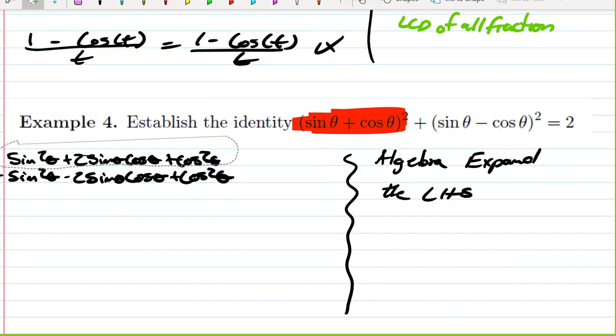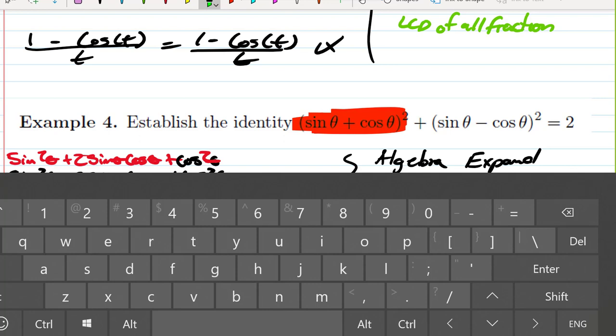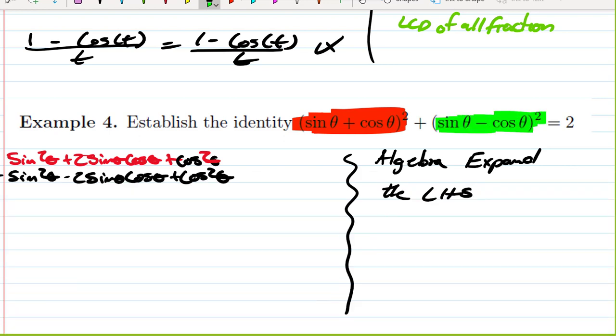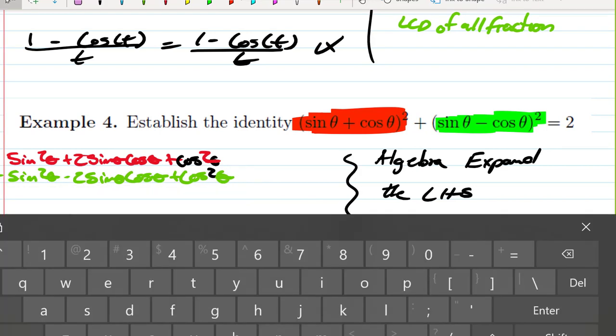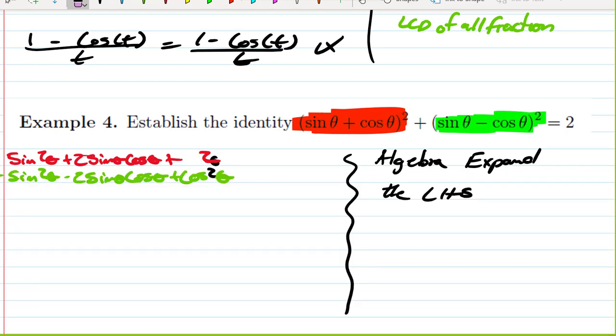Because this thing is big enough that I need to write it on two separate lines. All right. So that's just these two things.